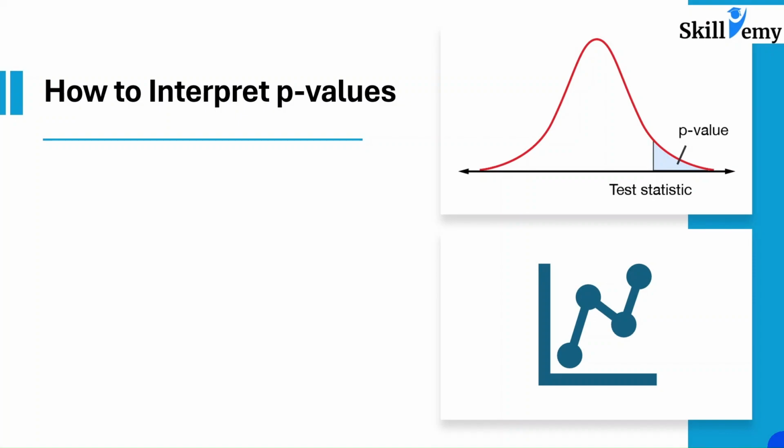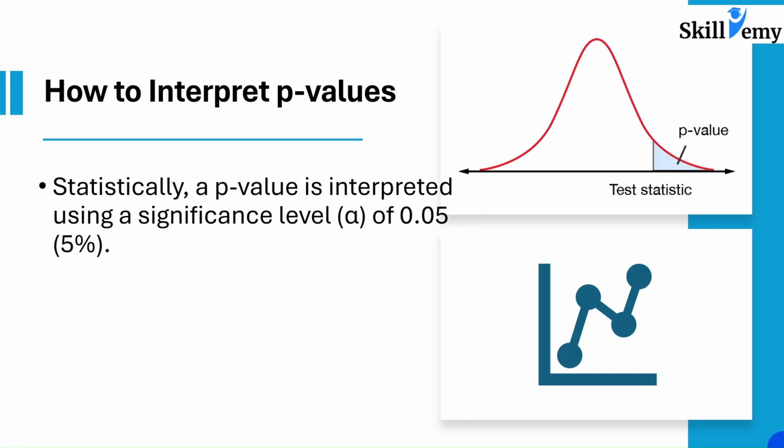Now, that being said, how do we properly and statistically interpret p-values in light of the hypotheses we have already looked at? In statistics, we interpret a p-value using a significance level, normally a threshold of 5%. So we use 5% as our benchmark in interpreting a p-value.